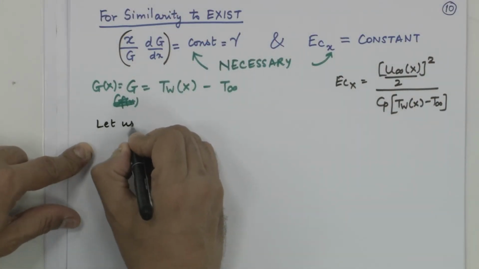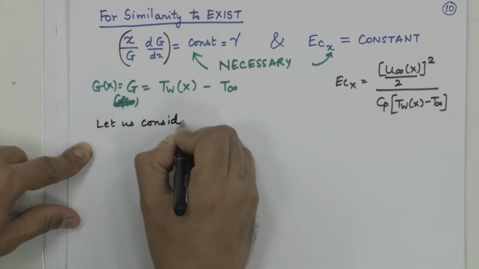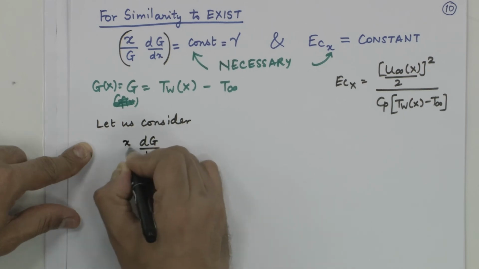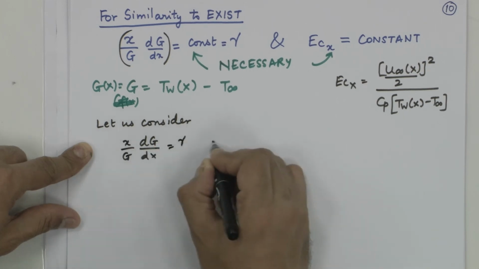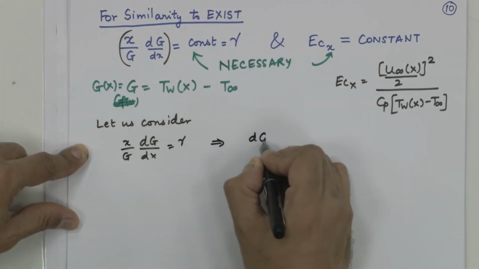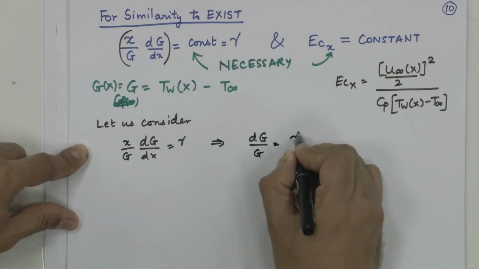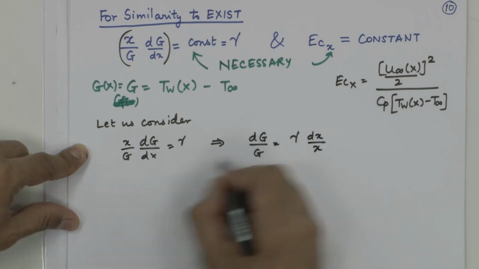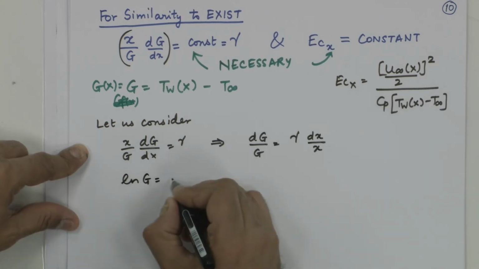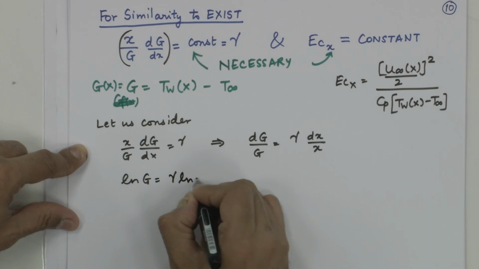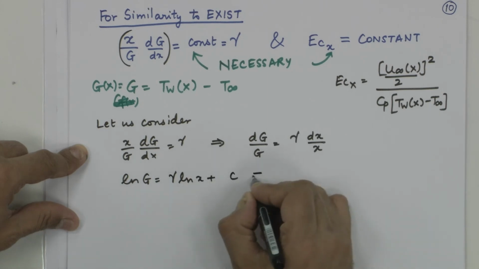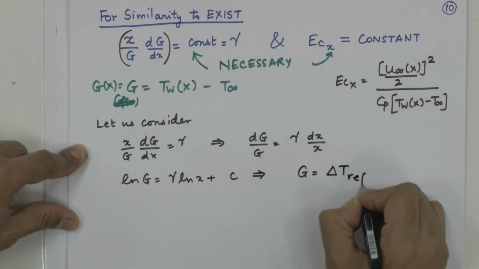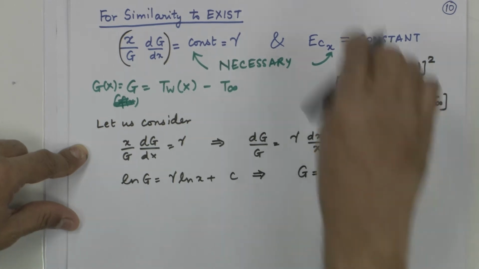Let us consider x by g dg by dx equal to gamma, which implies dg by g is equal to gamma dx by x. If I integrate both sides, I would get log g equal to gamma log x plus some constant, and we can write this as g equal to some delta T reference times x to the power gamma.